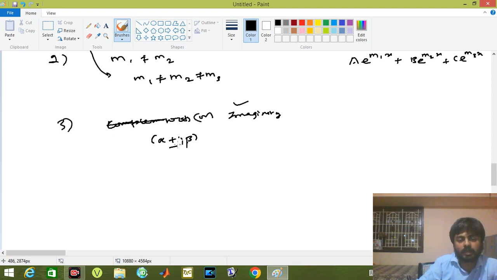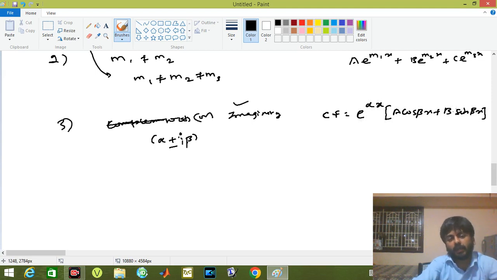Here you have to think very carefully. You can write alpha plus i beta or alpha minus i beta, whatever it may be. Your CF will be equal to e power alpha x into (A cos beta x plus B sin beta x).